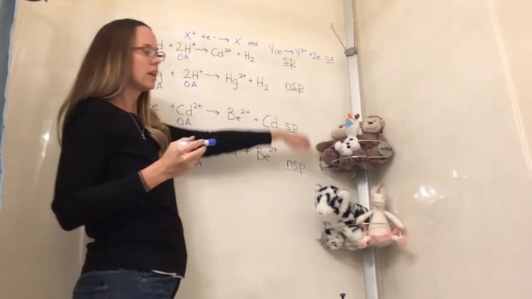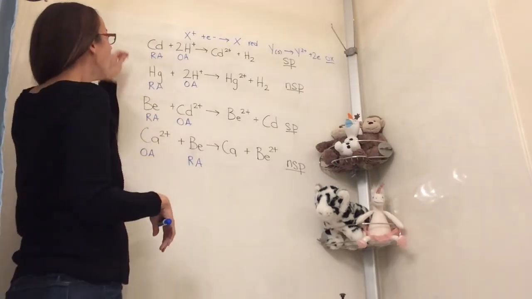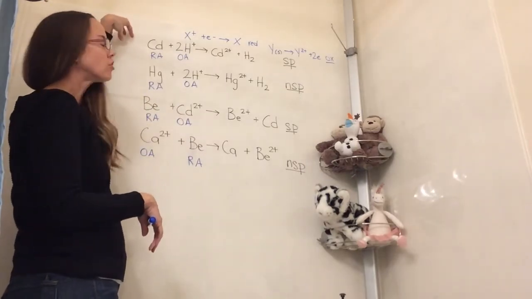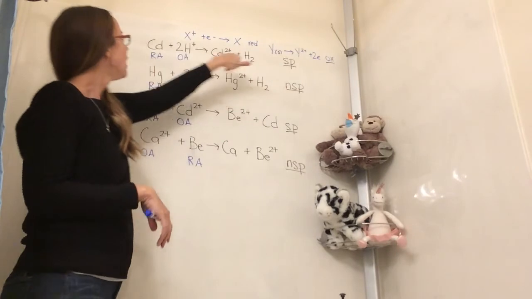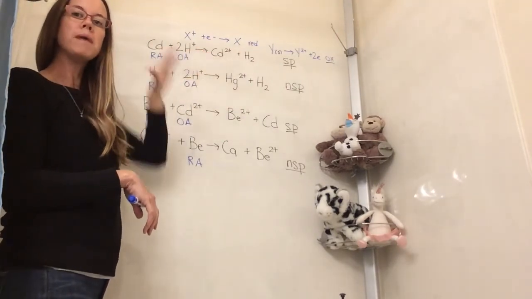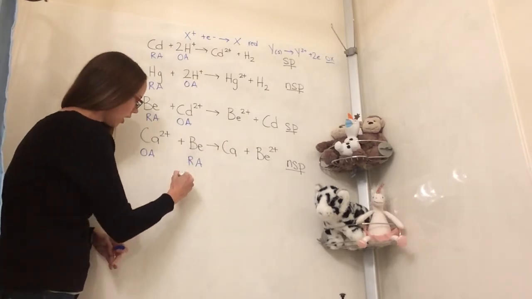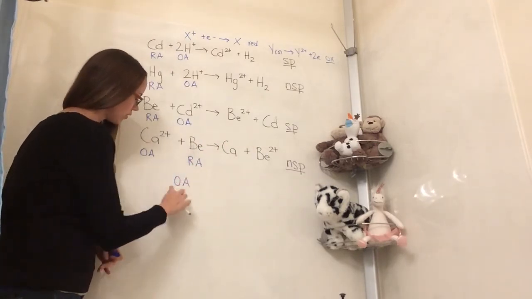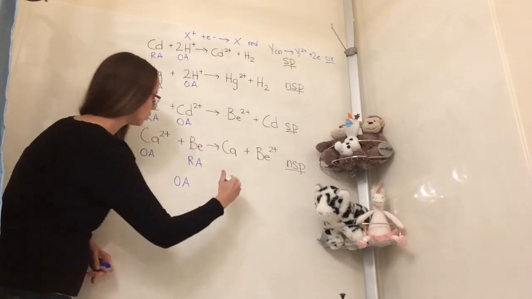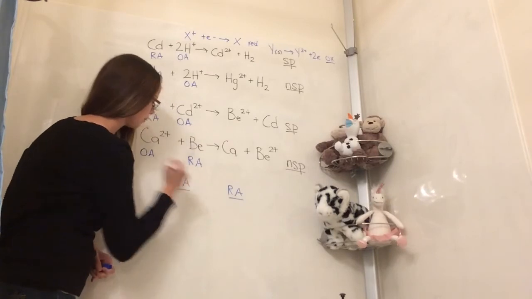Now over here, this is telling us if the reaction is spontaneous or non-spontaneous. So if the reaction is spontaneous, then our oxidizing agent has to go above our reducing agent when we make our redox table. So what I do is I make just a little table down here. This side is going to be my oxidizing agents, and this side is going to be my reducing agents.